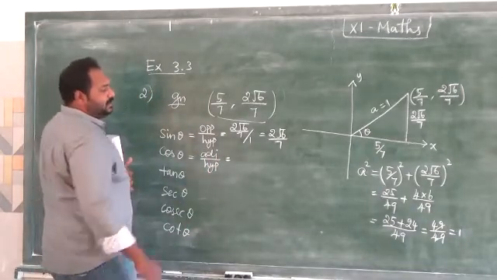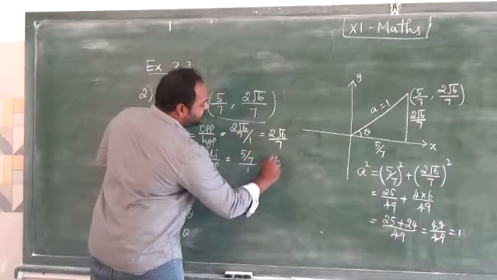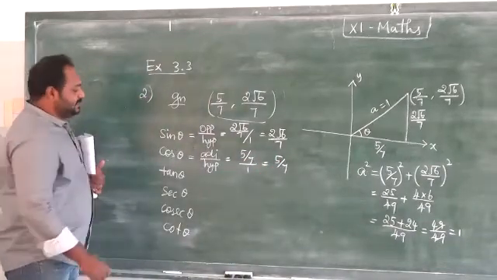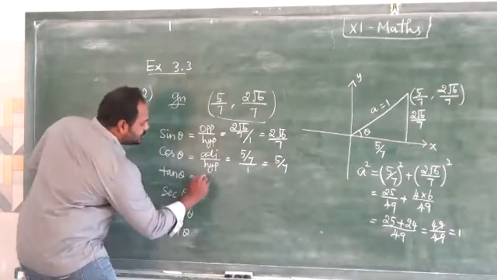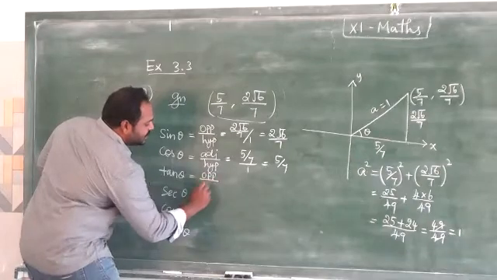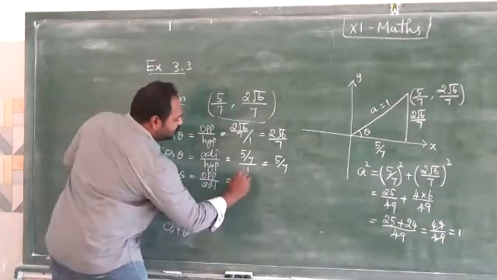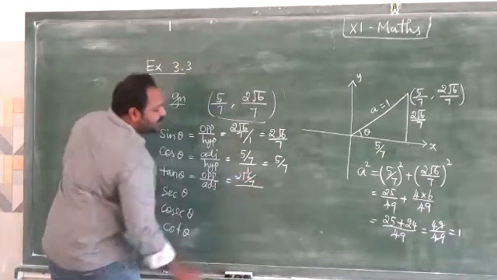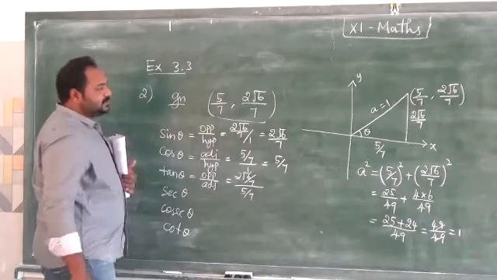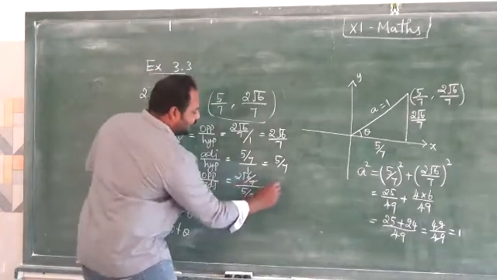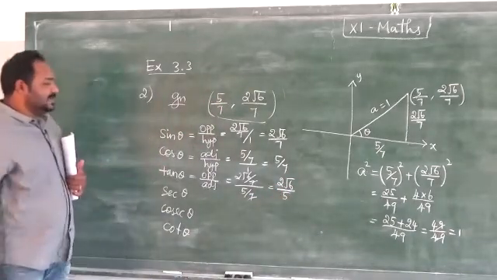What is adjacent? 5 by 7 by 1, it is 5 by 7. Next, tan theta is opposite by adjacent. What is opposite? 2 root 6 by 7 by 5 by 7. So 7 will be cancelled. 2 root 6 by 5. It is the tan theta value.